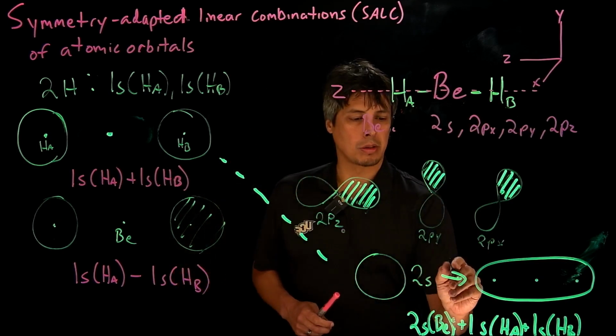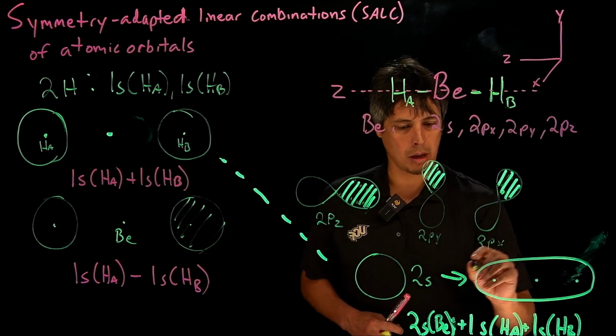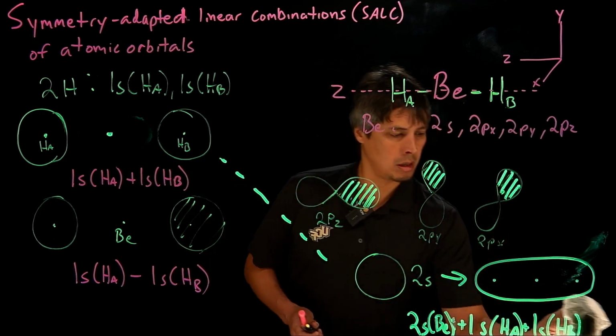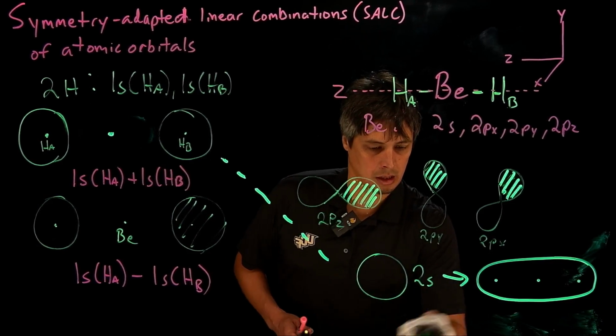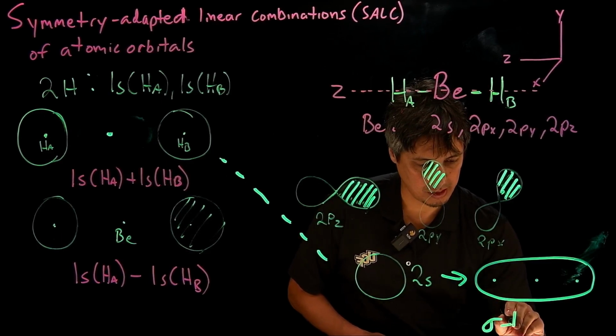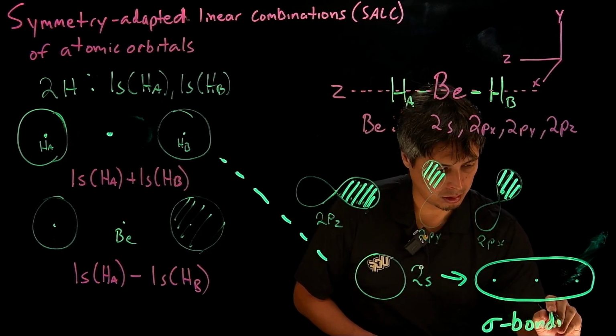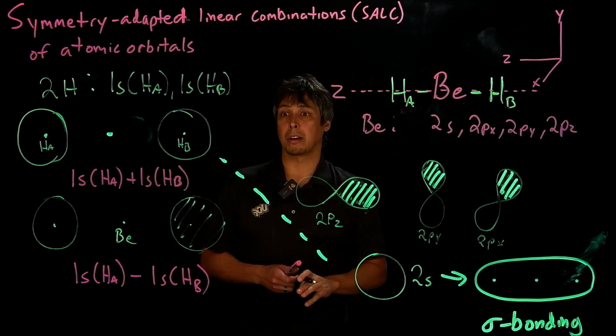And so this is the resultant bonding, and this is a sigma bonding symmetry. As we've seen before, that exhibits some sigma bonding symmetry there, okay?